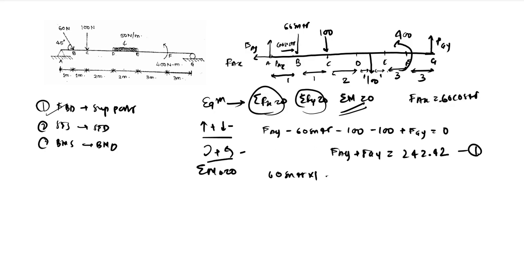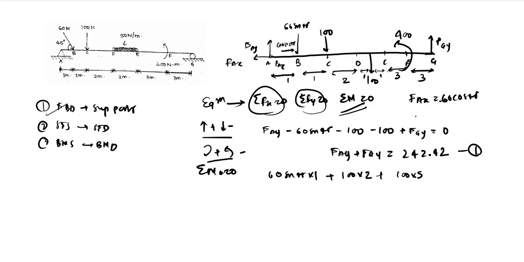We have plus 200, because it is a clockwise moment, and 100 is the force and 2 is the distance, because of the point force at C. We have plus 100 into 1 plus 1, 2 plus 2, 4 plus 1, 5.